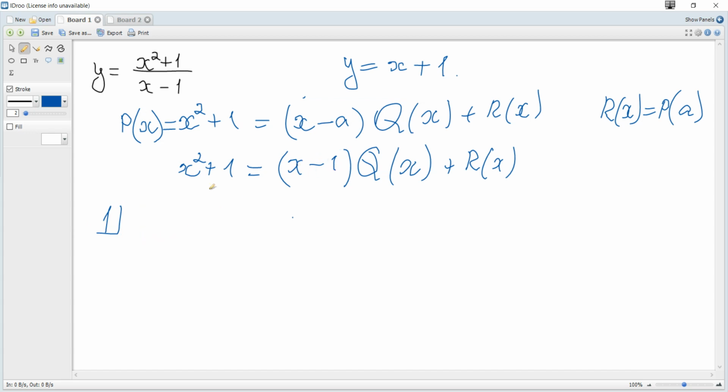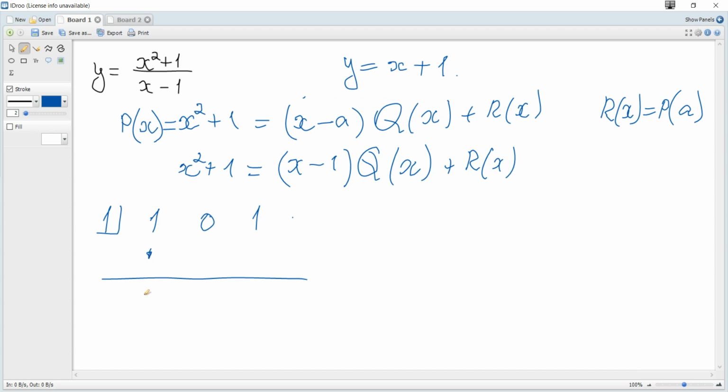So for x minus 1, here must be 1. And here we write the coefficients of a polynomial of degree 2, so there must be 3 coefficients. The coefficient in front of x squared is 1, the coefficient in front of x is 0, and the constant term is 1.